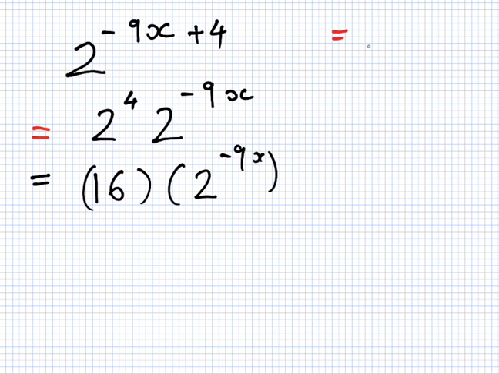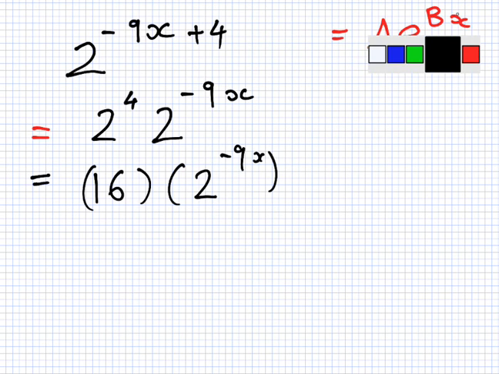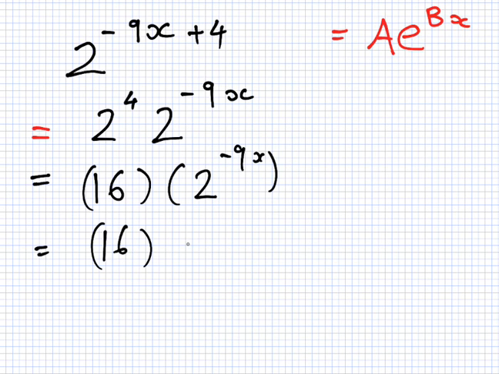We're trying to get to something that looks like this: a e^(bx). The next thing you can see is the x is going to be on the outside, so we might as well do that.